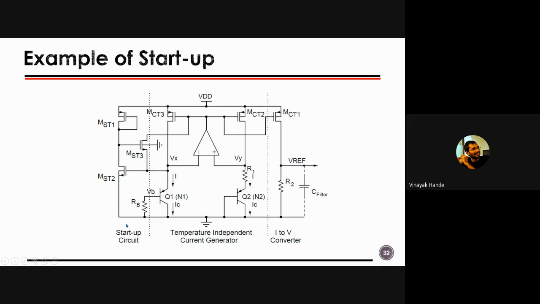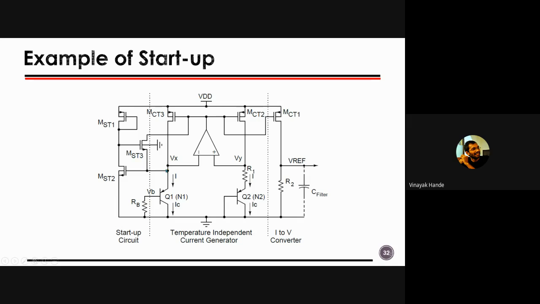But a startup circuit, as its name indicates, should only start, and after that it should stop, right? The circuit should get disconnected, and MST3 is designed in such a way that when Vx reaches its steady state, Vx will be 700 millivolt, and you will make sure that MST3 will be switched off, right? So you have to make sure what VGS it should have, or gate voltage of this MST3 should be.